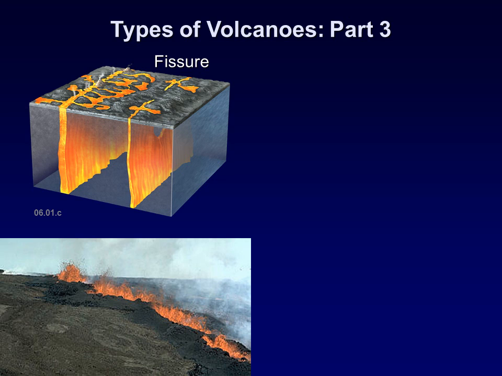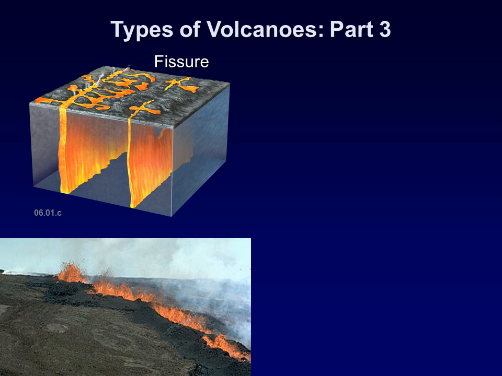The next type of volcano we're going to look at is a fissure. And so these typically form flood basalts. So in your notes this says flood basalts. They form from cracks or fissures that allow magma to flow out onto the surface in large quantities.